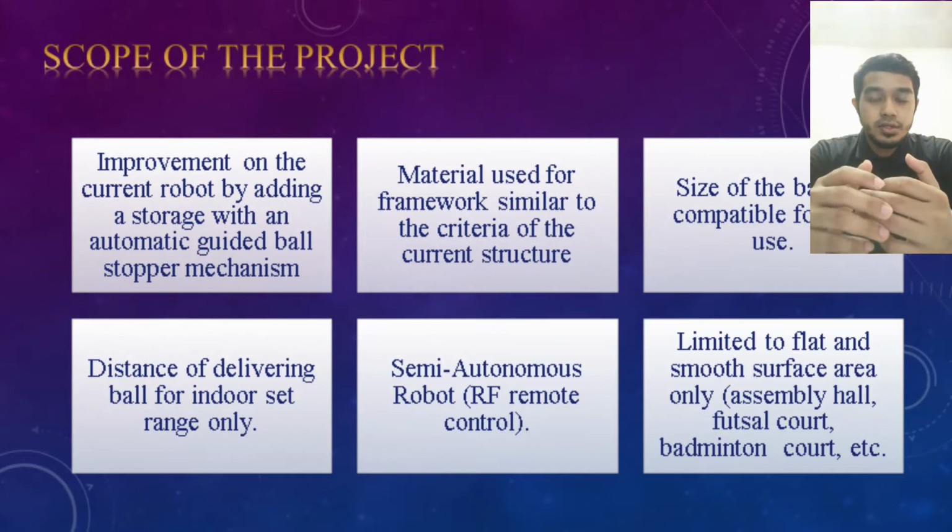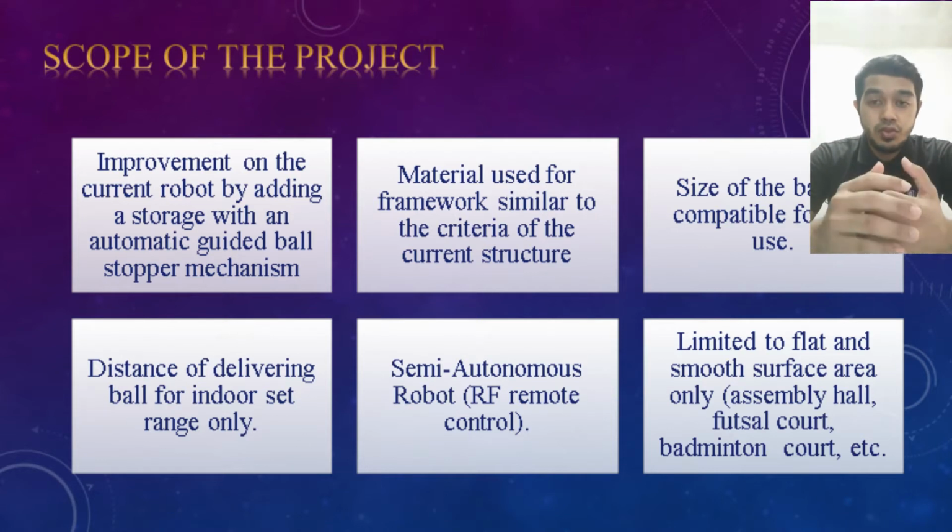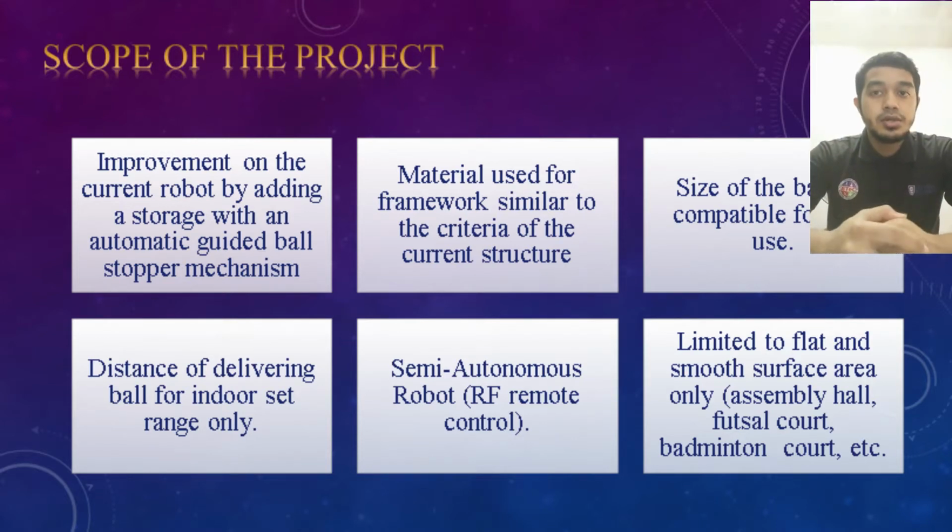For the scope of the project, the first is improvement of the current robot by adding a storage with an automatic guided ball stopper mechanism. The second is that the material used for the framework is similar to the criteria of the current structure. The third is that the size of the ball is compatible for kid use.